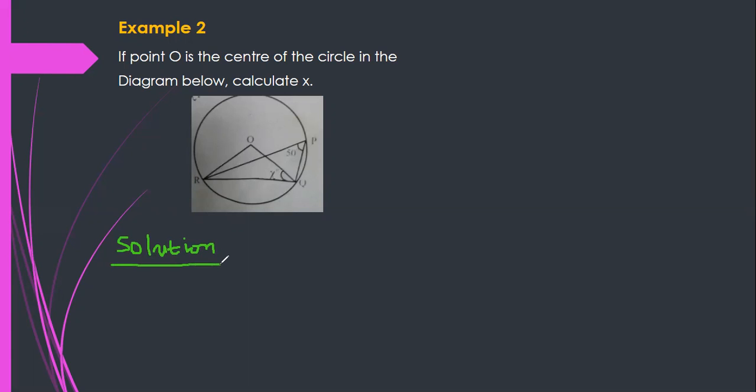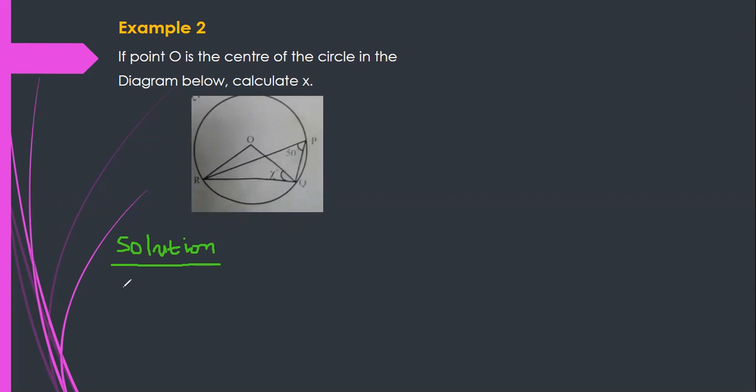In this problem, for us to find angle x, or RQO, we must find this ROQ. After getting this value, we can find angle x easily.